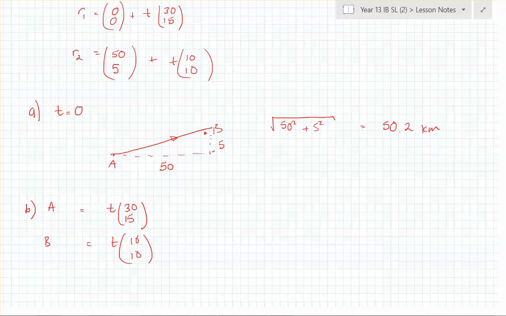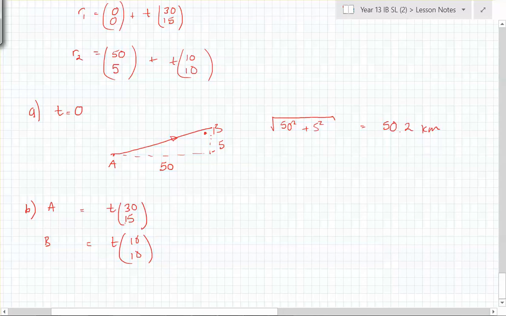Yeah? 1 hour, 1 minute, 1 second. So this part of the equation of the line is actually the distance component, and therefore we want to know the distance within a particular amount of time. Alright? So what we do is we state t is 1 and then find the magnitude.